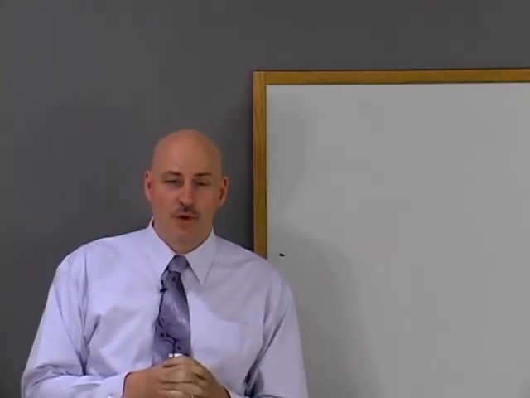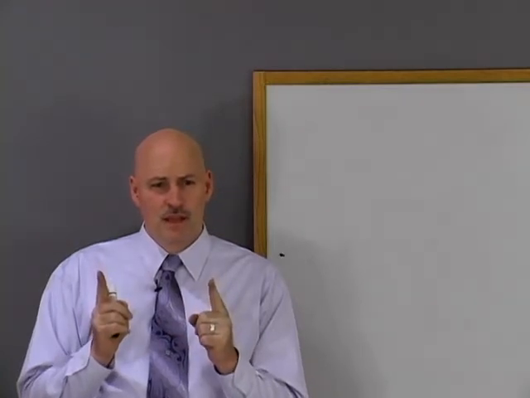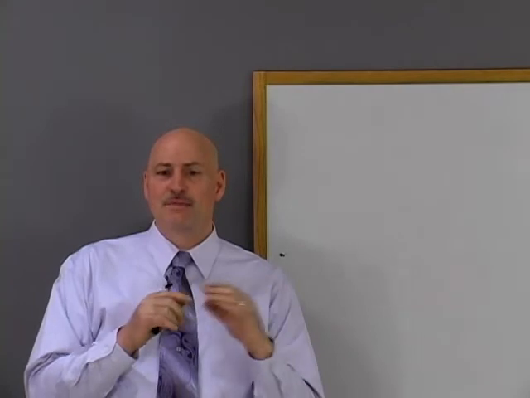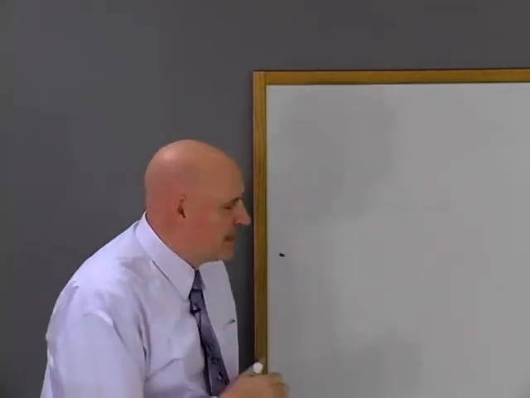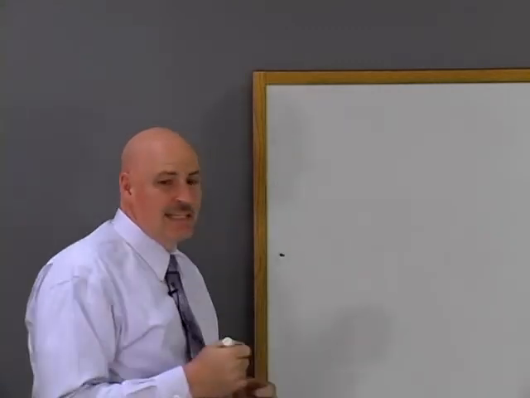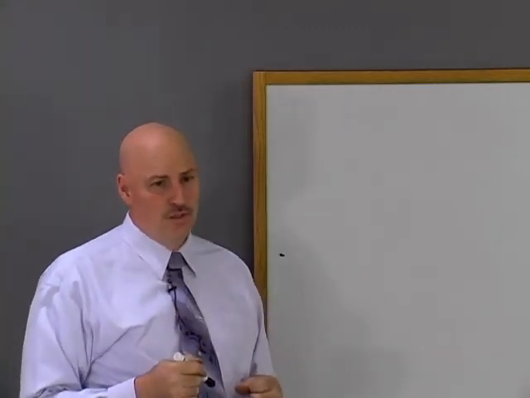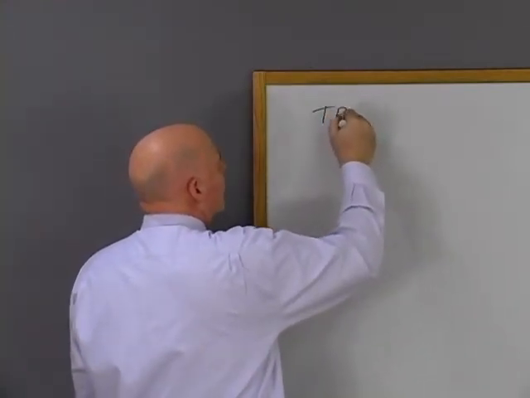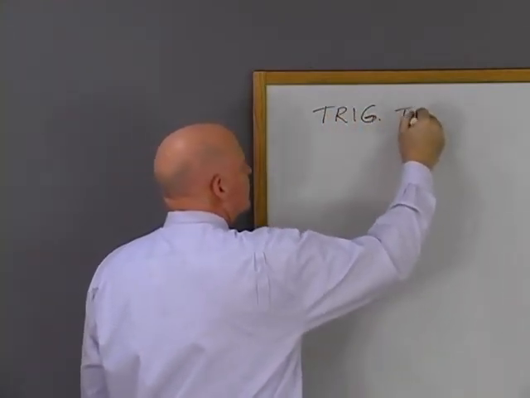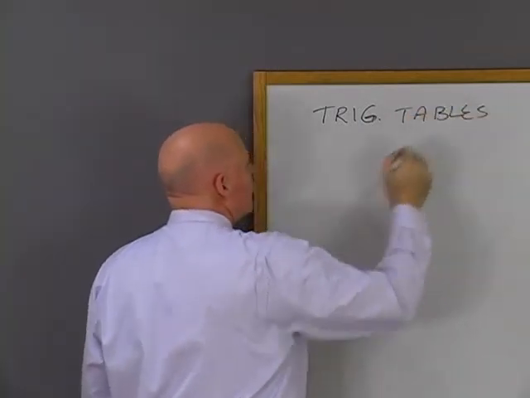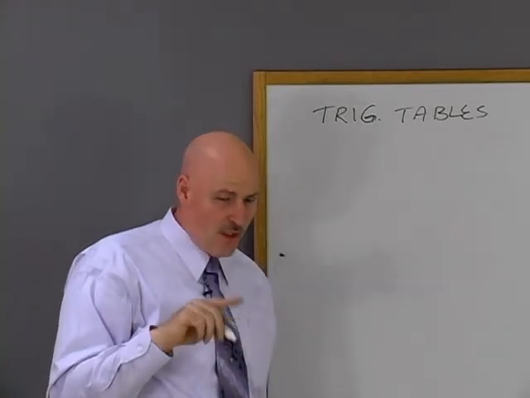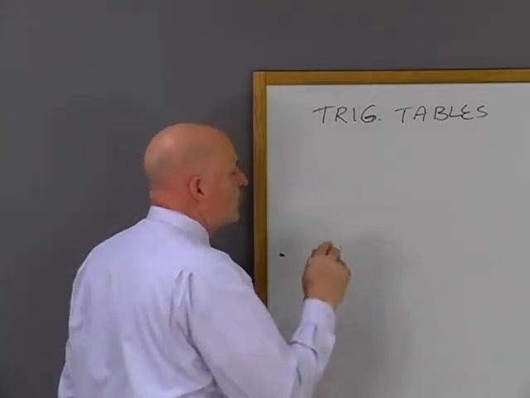But trigonometry, what do you think it means? Metry, measure, trig, triangle. It's measuring triangles. It's kind of like what we were doing a minute ago with similar triangles, because it has to do with ratios. If you ever look at an old trig textbook, you'll see trig tables, and these ratios are expressed.